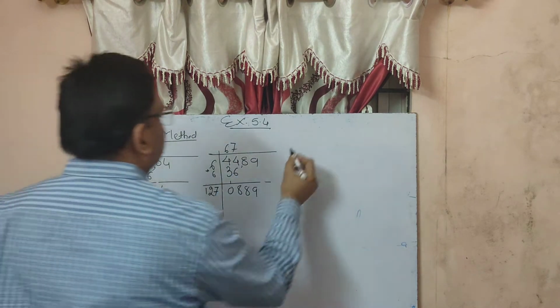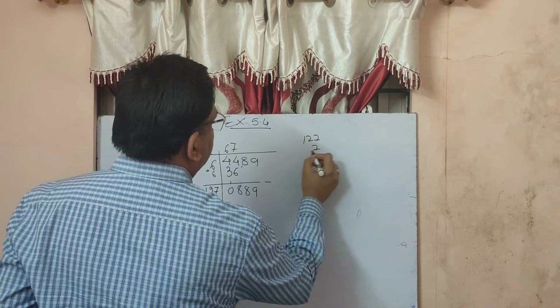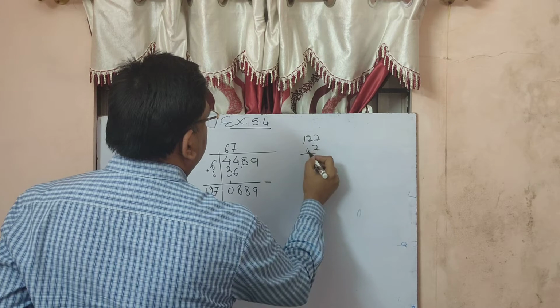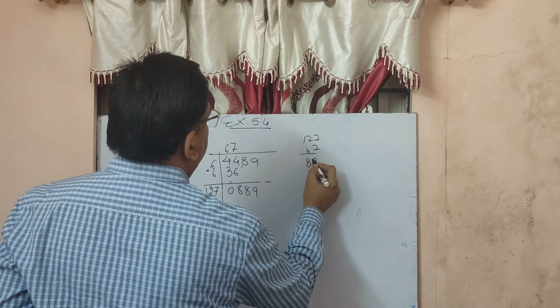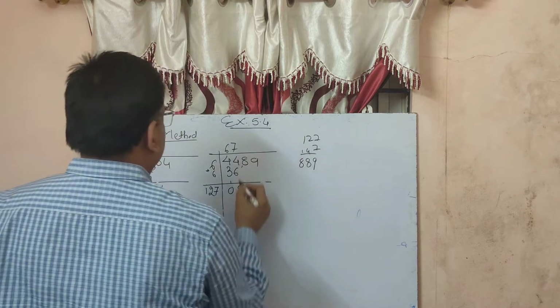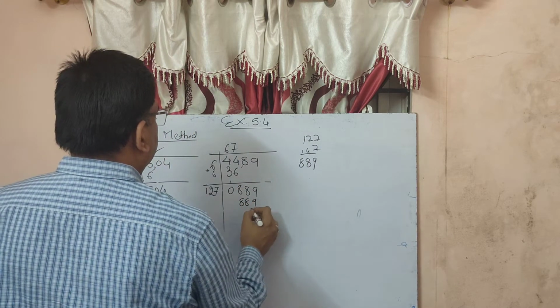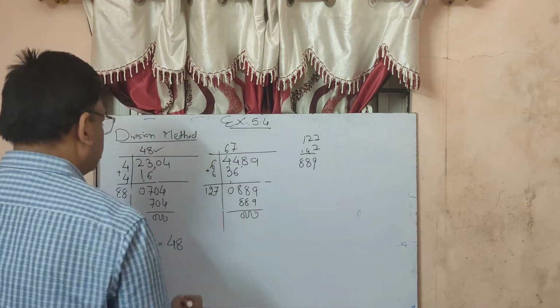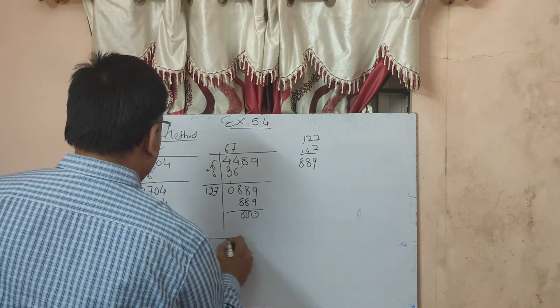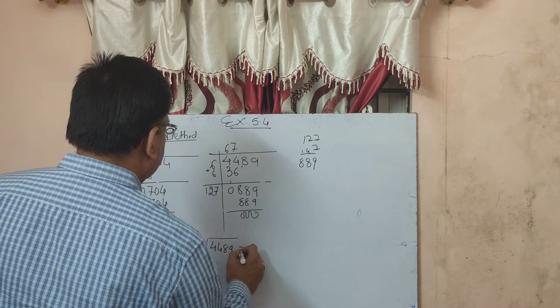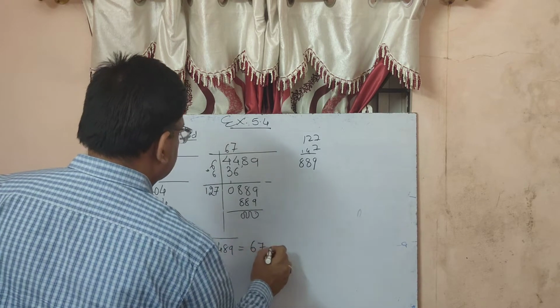So check it: 127 sevens are, 7 sevens are 49, 4, 7 twos are 14 plus 4 is 18, 7 ones are 7 plus 1 is 8, so 889. So you will get 0 here. Therefore the square root of 4489 is 67.